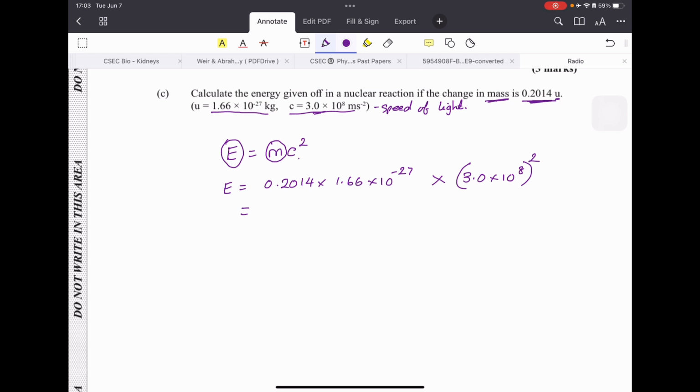If I write this out before, it will get kind of confusing with my calculator. I may not get the most accurate answer. Okay, so 3 by 10 to the power of 8, all squared.